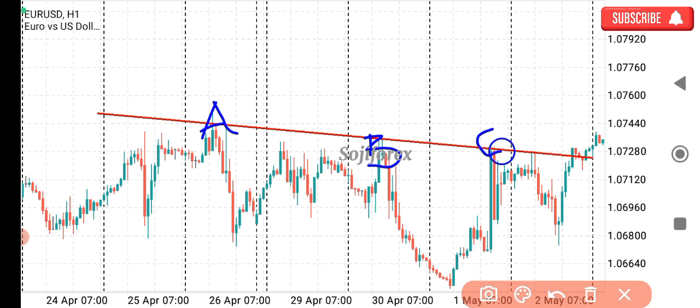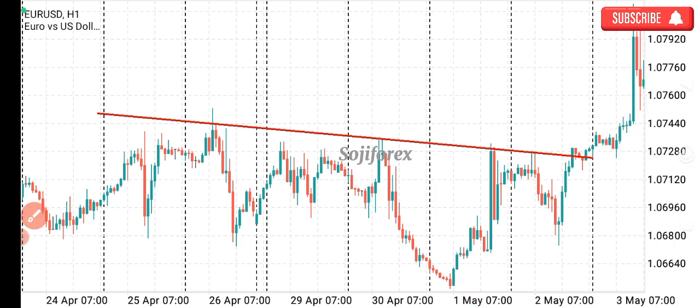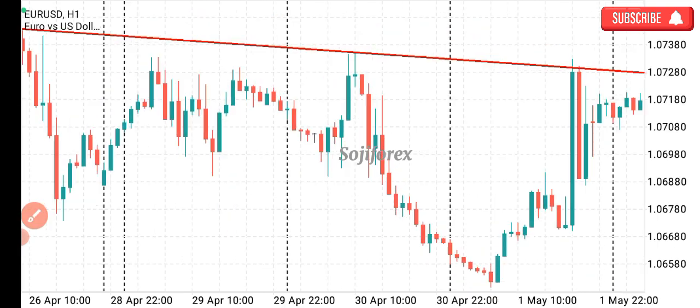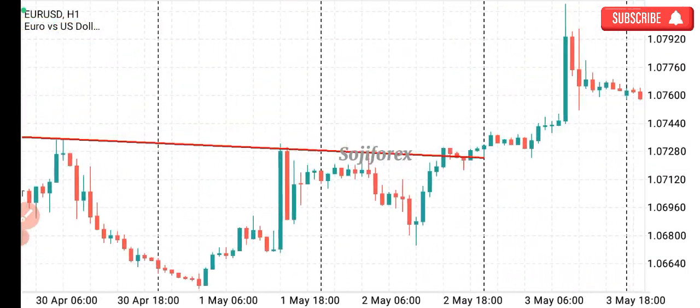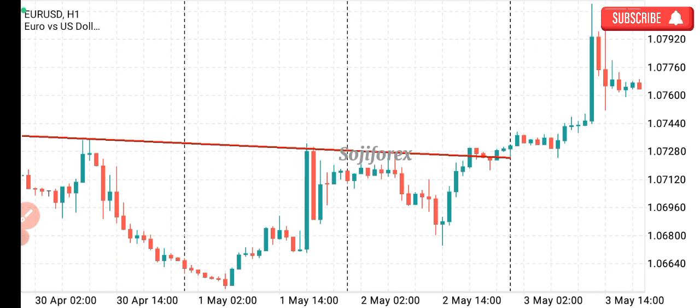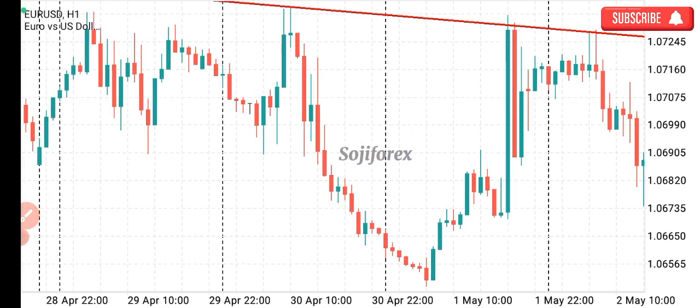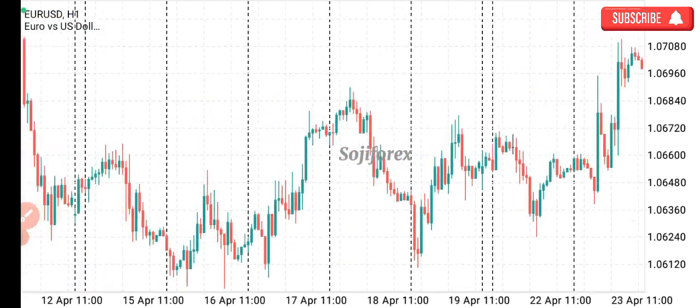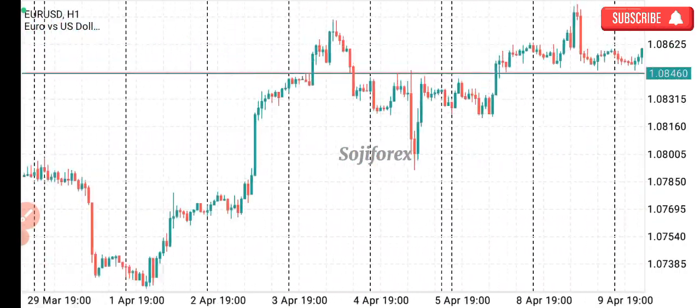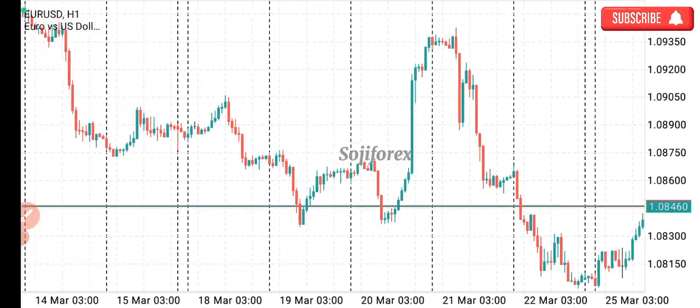This is our C, and we could have made this entry based on our candlestick patterns and formation. So this is how this can be traded. The pattern is simple. To have more idea about candlestick patterns, you can watch our previous video on candlestick patterns.